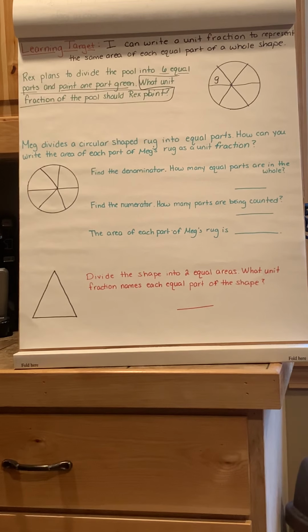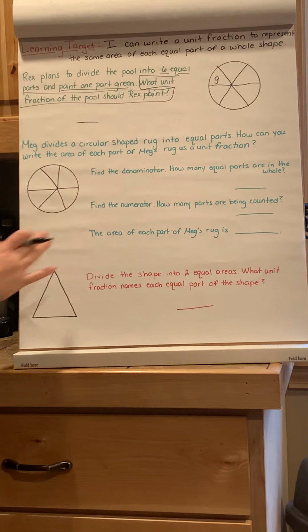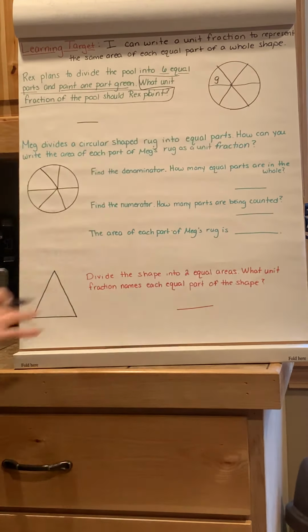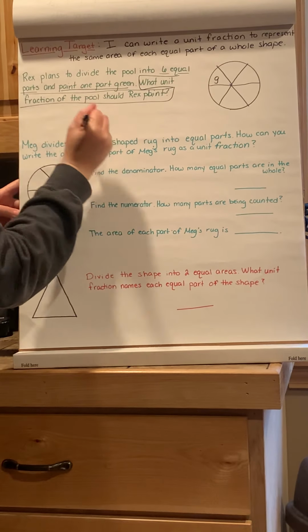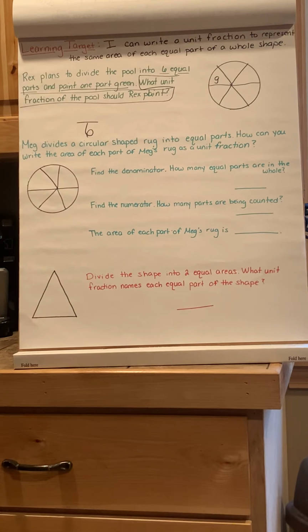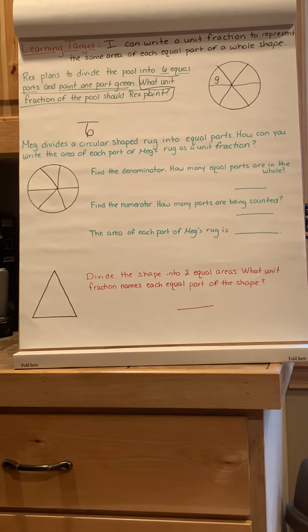So what unit fraction of the pool should Rex paint? Well, I know that my shape is divided into 6 equal parts. That's going to be my denominator. 6 equal parts. The equal parts goes on bottom. That's my denominator. And remember, when working with a unit fraction, our numerator is always going to be 1.